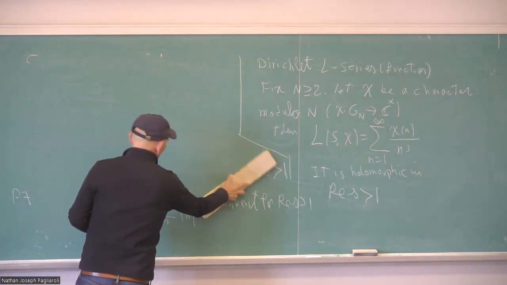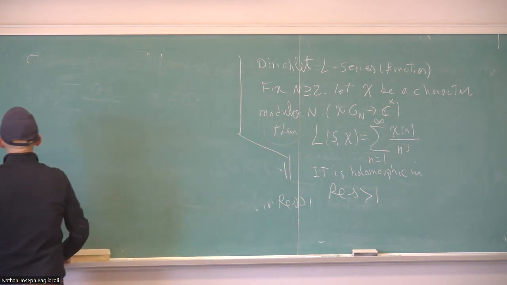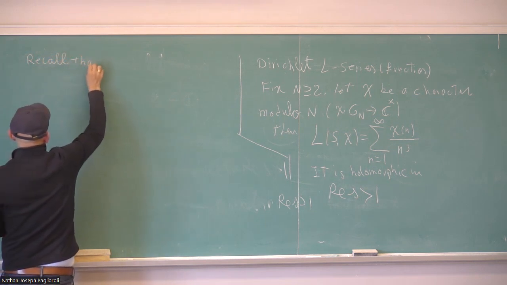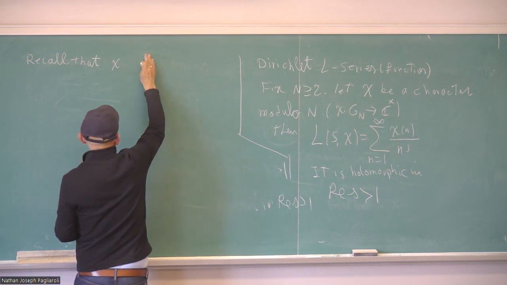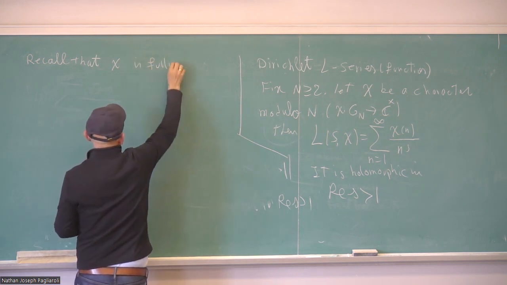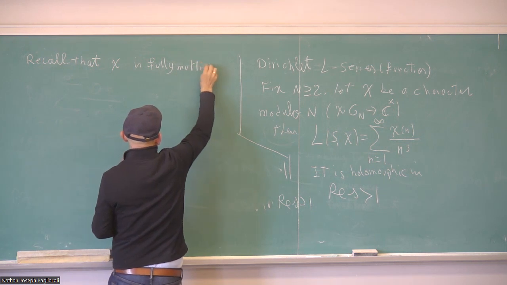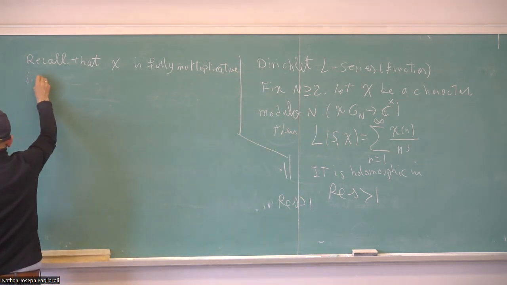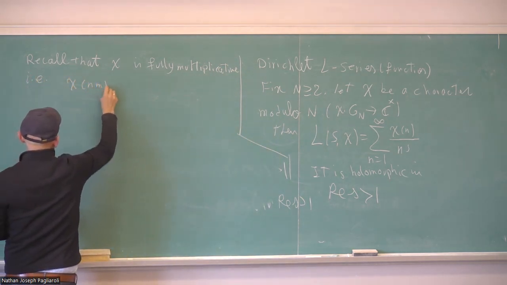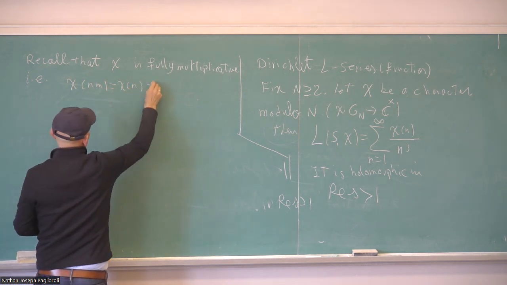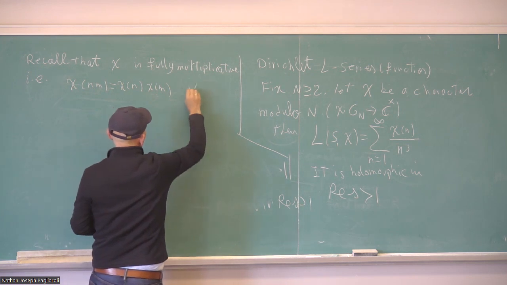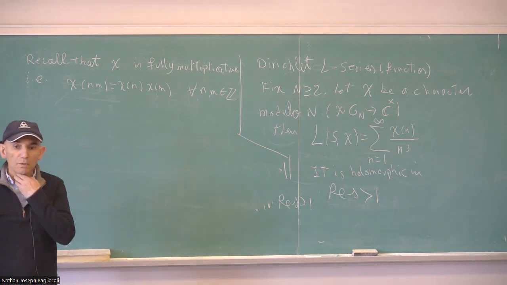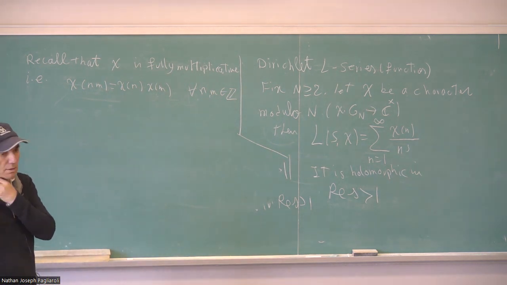One thing that we have to recall is that this chi is fully multiplicative, i.e., chi(nm) is equal to chi(n) chi(m) for all n and m in Z. This is what I mentioned, at least, that they enjoy.